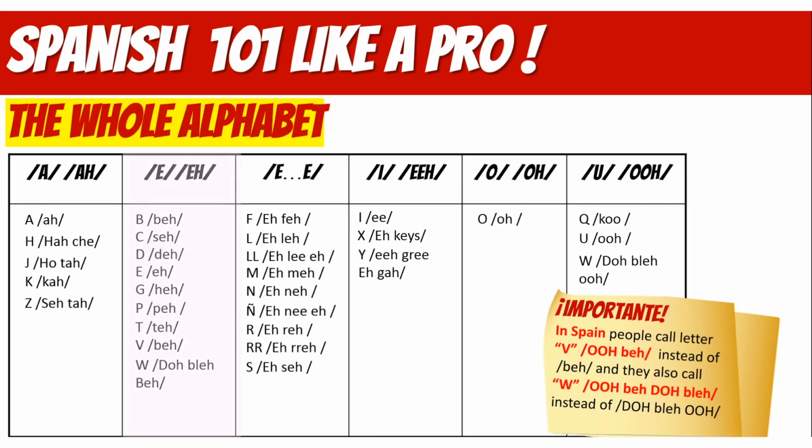The ones in the second column, yes, they have this E sound there, right? B, C, D, E, G, P, T, V, W. Now, the ones here have some sort of a sandwich. They are sandwiched between E sounds.